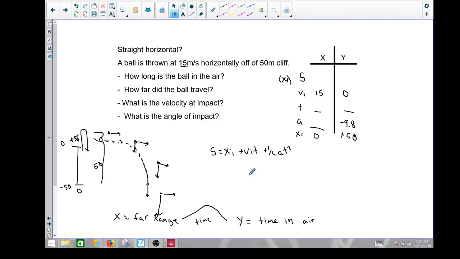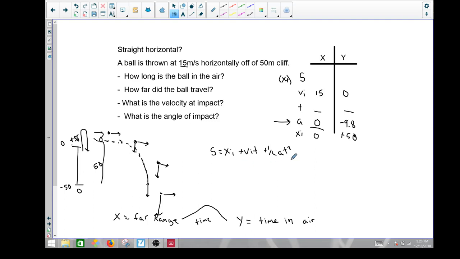But so the acceleration in the x direction is actually 0. That is something that many people get mixed up. Acceleration in the horizontal, 0. Acceleration in the y, negative 9.8. Take a look at these pieces here, and from there, everything else should hopefully fall into place.